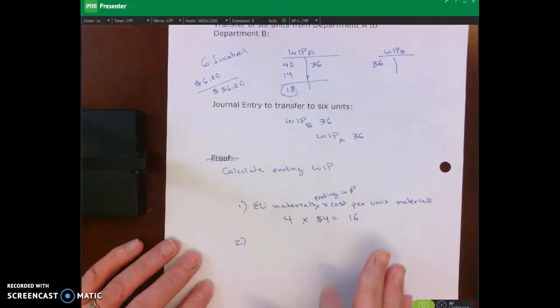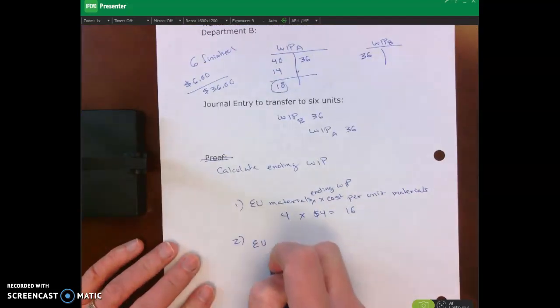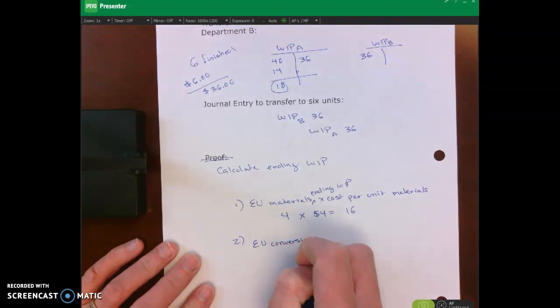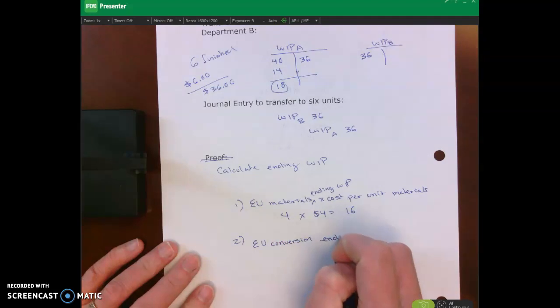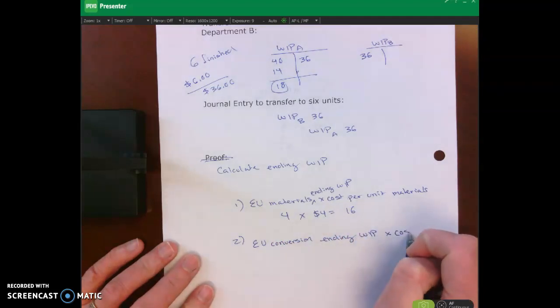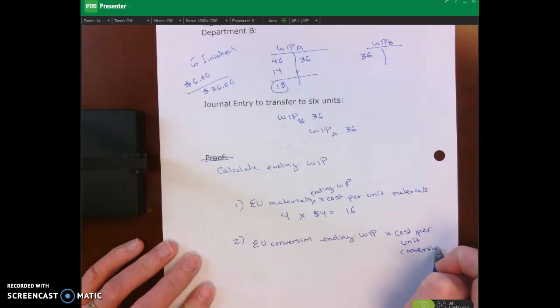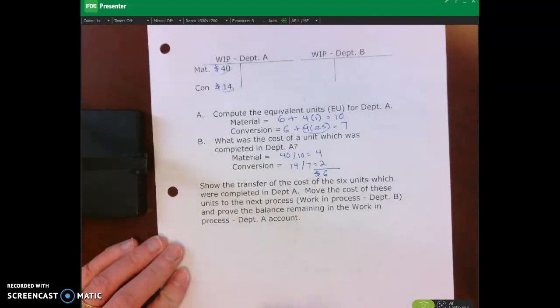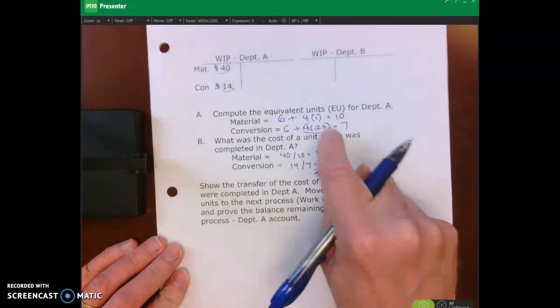Repeat the same process for conversion. Equivalent units, conversion, ending WIP times cost per unit conversion. How many equivalent full units do I have in ending WIP? 1.